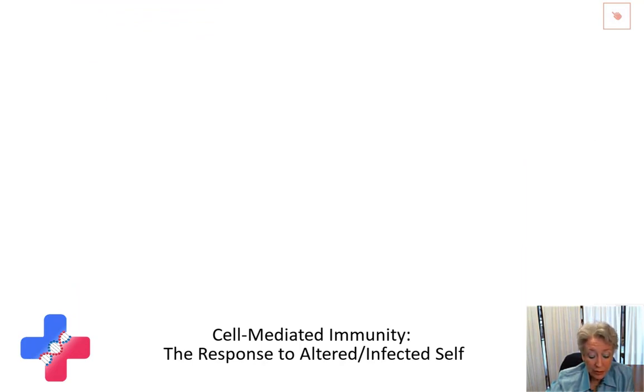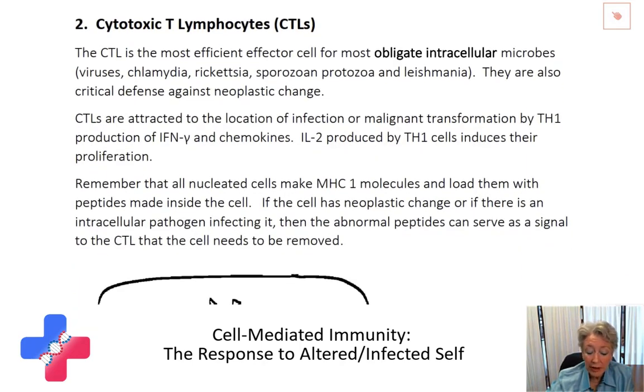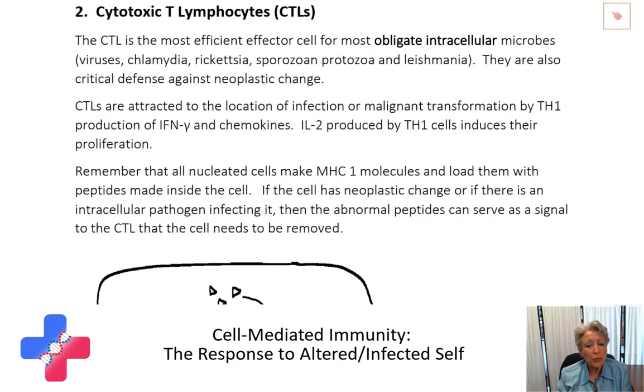My second effector mechanism is the cytotoxic T cell. And as I said, this is probably my most elaborate and specific of my killing mechanisms because the identification of the problem cell is truly exquisitely controlled through recognition of MHC class 1.